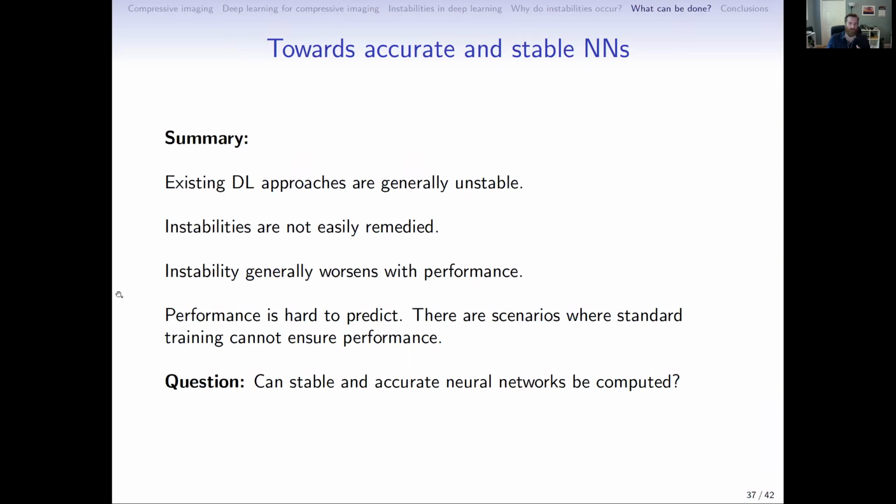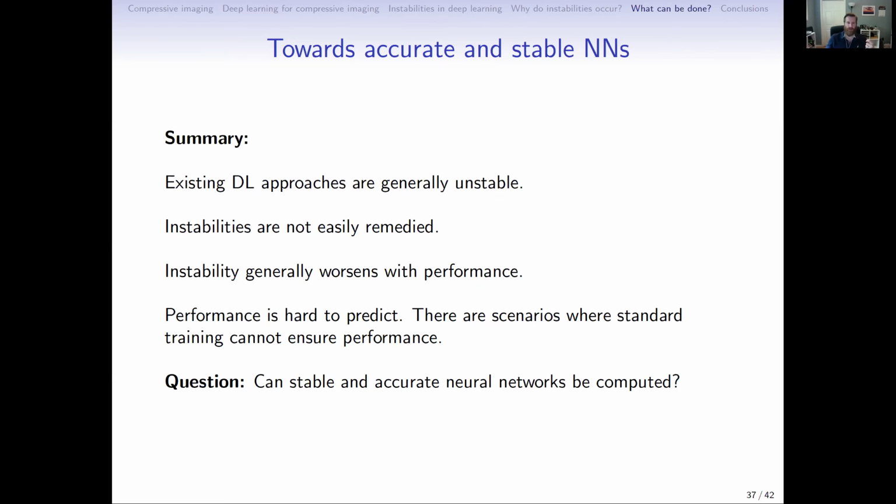And finally, it's hard to predict the kind of performance that you get. The slide that I skipped can be summarized as also saying that we know there are settings where standard training is not enough to give you good performance. So this raises the question, can we compute accurate and stable neural networks?